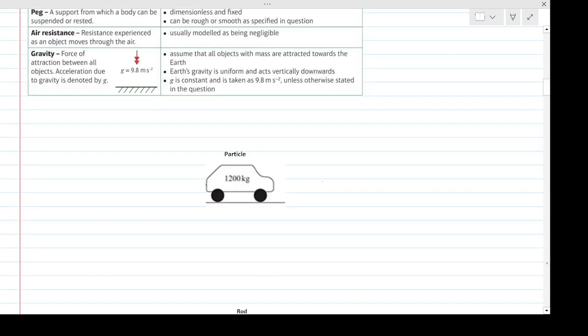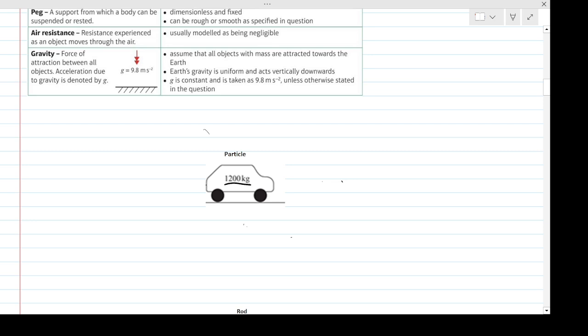So what that means in terms of the car is, maybe the middle of the car. We're just saying, instead of the mass being distributed throughout the car, maybe there's a lot of mass near the engine, less mass near the top, in reality a particle has all the mass at a single point, okay? It may be in the middle.